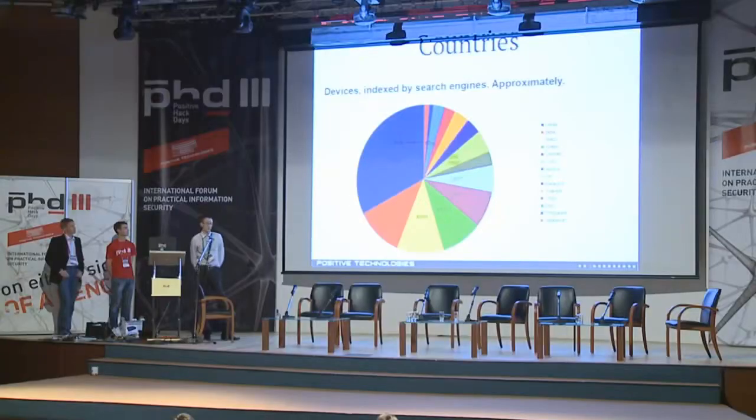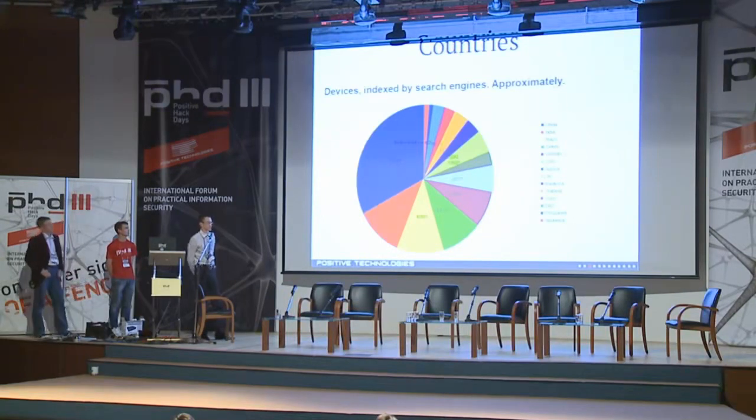Most of them belong to China, Chinese DVRs. Also, you can see a lot of Russian ones and many other countries, and these are not the top countries, these are countries that we have acquired in our statistics. This is approximate statistics. In reality, there are a lot more devices.